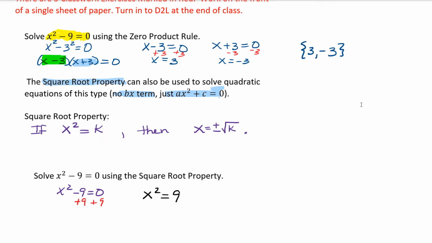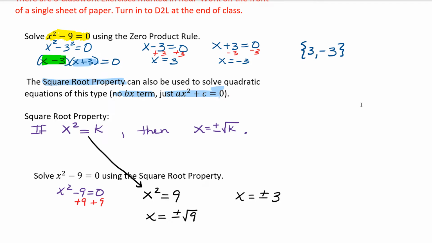And then you would from there be able to see that it matches up with this rule, that if x squared equals a number, then x is plus or minus the square root of that number. So you would say, okay, well that means that x is equal to plus or minus the square root of 9. And the square root of 9 is 3. So that would mean that x is equal to plus or minus 3.